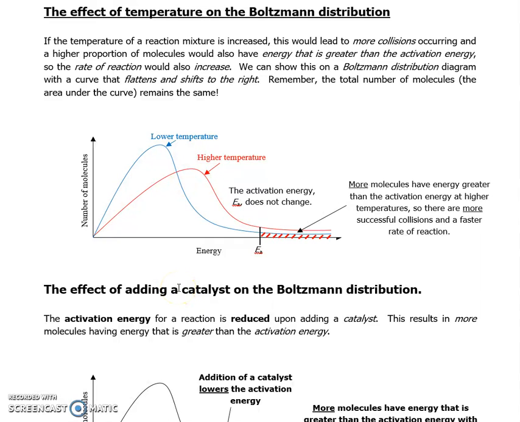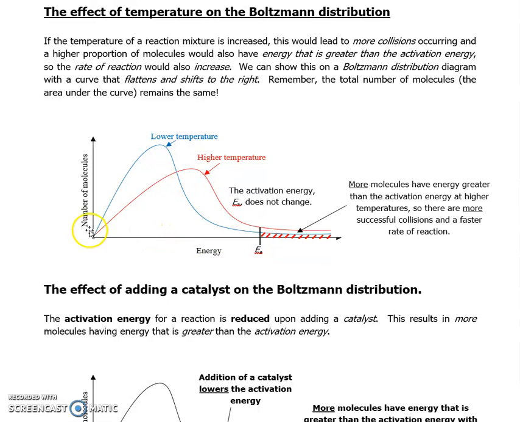So we can use a Boltzmann distribution to explain the effect of temperature on a reaction. Here we've got two lines. The blue line is at a lower temperature, the red line is at a higher temperature. The blue line is our basic curve.